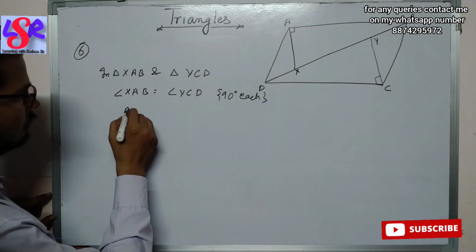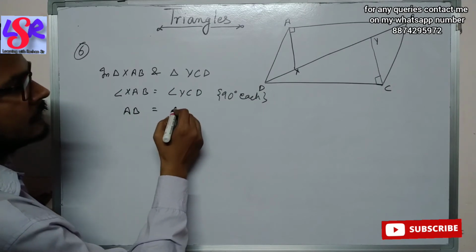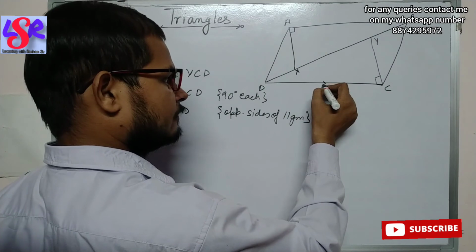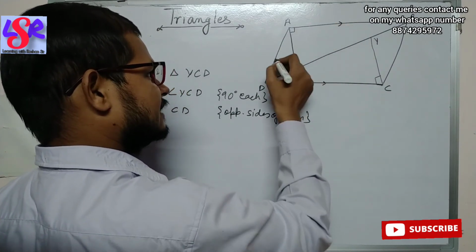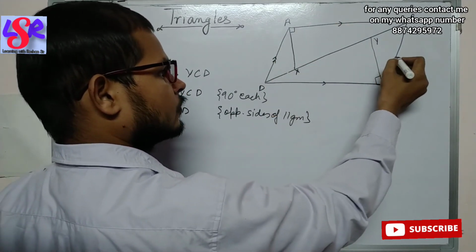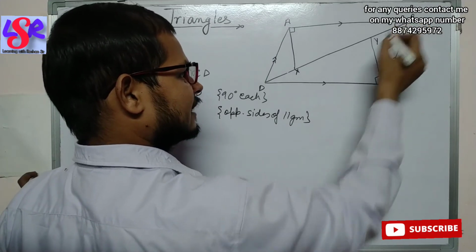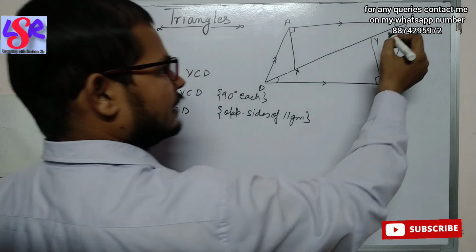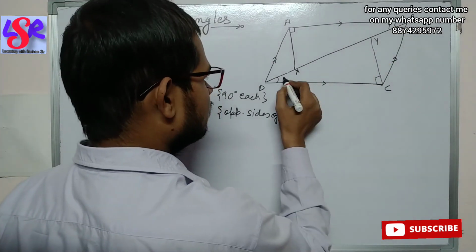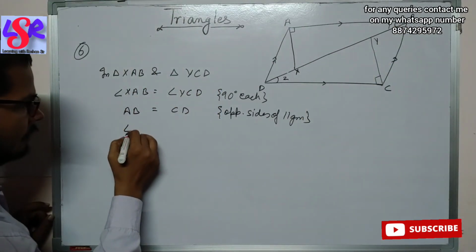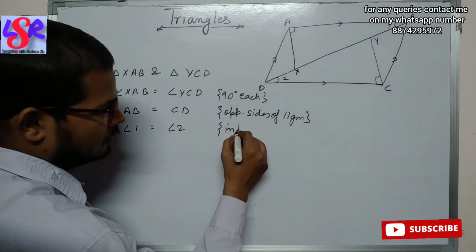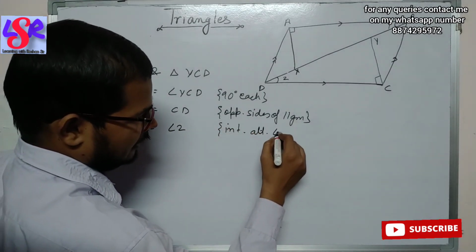So AB equals CD, opposite sides of parallelogram. Now we know that in a parallelogram the opposite sides are parallel to each other. So we can use this angle equals this one as interior alternate angles. Let's name the angles as 1 and 2 respectively. So angle 1 equals angle 2 by interior alternate angles.